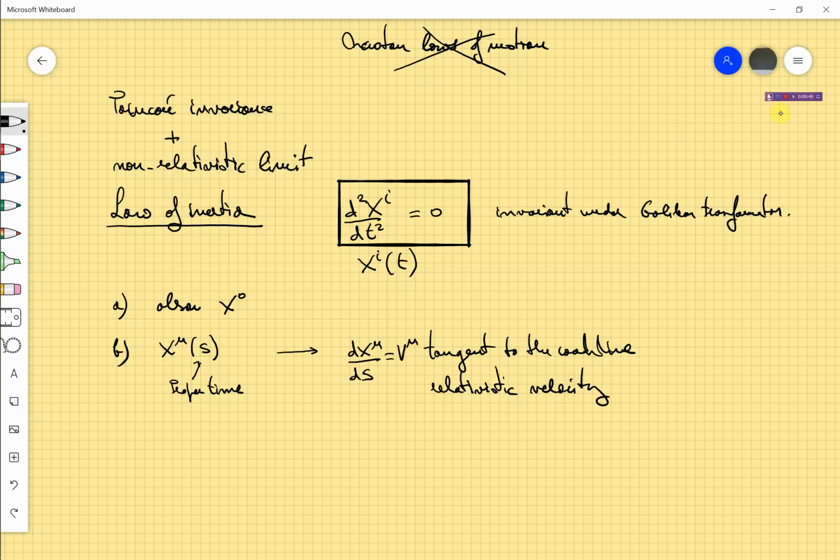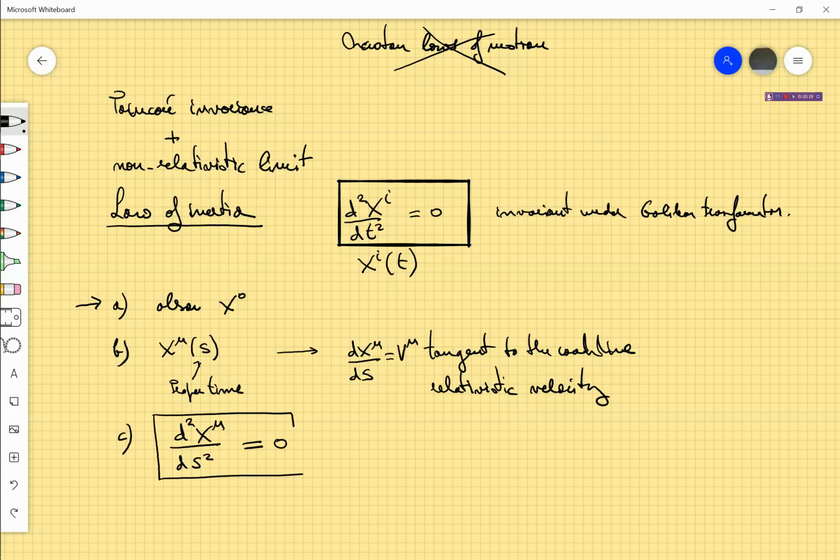Then, just by analogy, this formula also involves the mu equal to 0 component, which is good according to observation A. So finally, if this is the velocity, this suggests that the acceleration should be the second derivative with respect to the proper time, and that in absence of external forces you would have this.